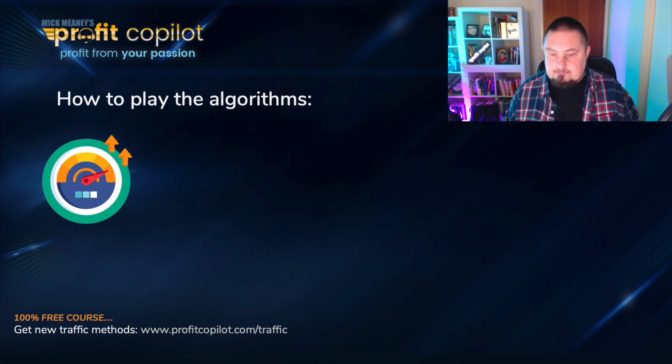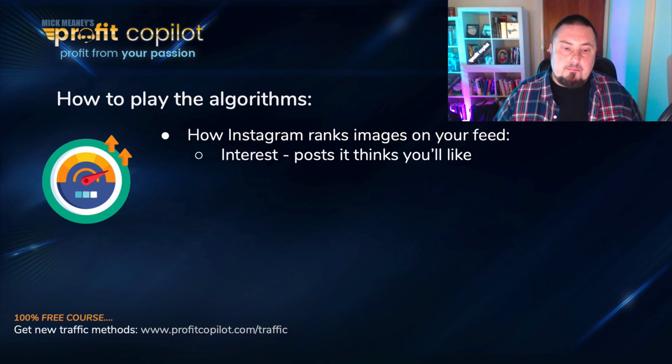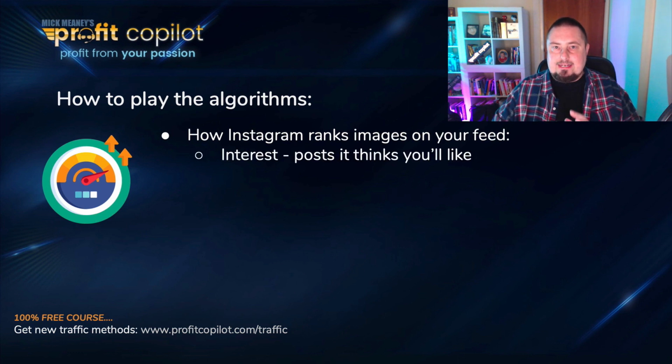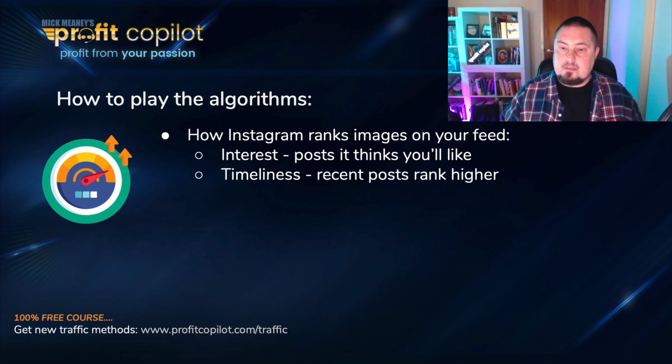Okay, next, let's go to Instagram. So Instagram ranks images on your feed by looking at the interest. So it looks at the posts that it thinks you will like that are available on your feed, then it ranks the ones that it thinks you're going to like higher.